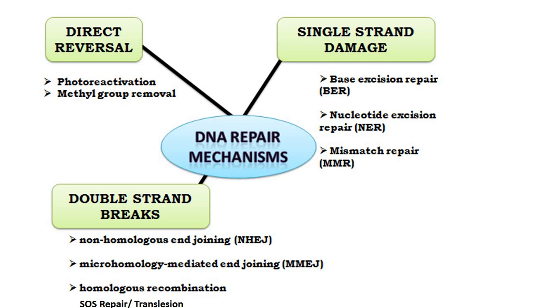We also talked about how double-stranded breaks in DNA need to be repaired: non-homologous end joining, microhomology mediated end joining, which is part of non-homologous end joining anyway, homologous recombination, and SOS repair or translesion synthesis. So these are all the different DNA repair mechanisms that now you know.